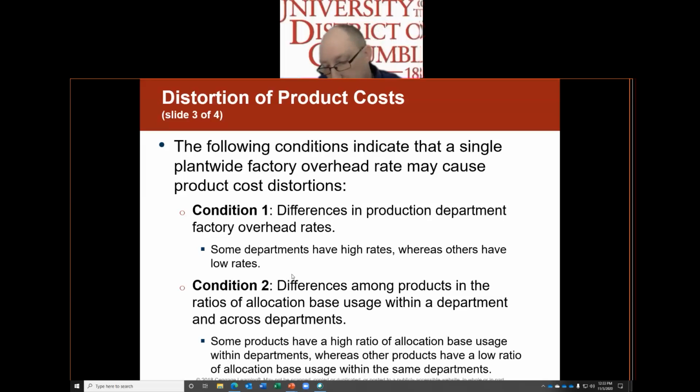And we saw that between the assembly department and the fabrication department for the snowmobiles and for the riding lawnmowers. The second condition for distortions comes from differences among products in the ratios of allocation-base usage within the department across departments. This happens where some products have high ratios of allocation and others have lower allocations.